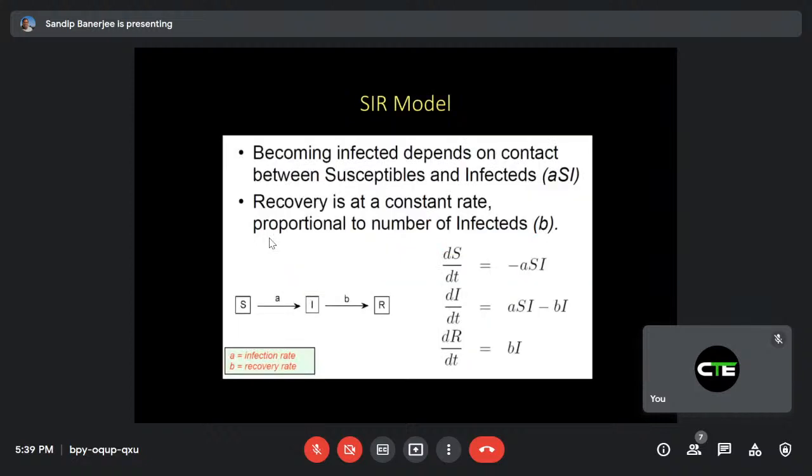Now, this is another one, the SIR model. All of these have been used in our pandemic. It looks very simple, but predicts quite good results. In this particular case, you introduce another class.